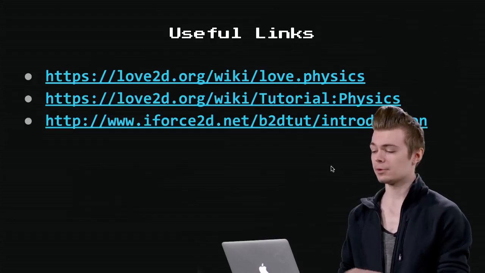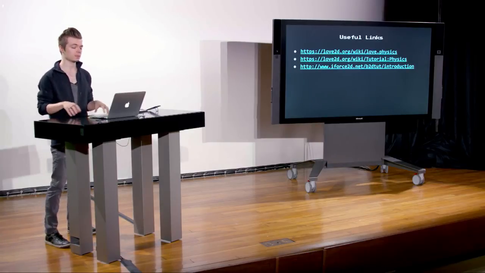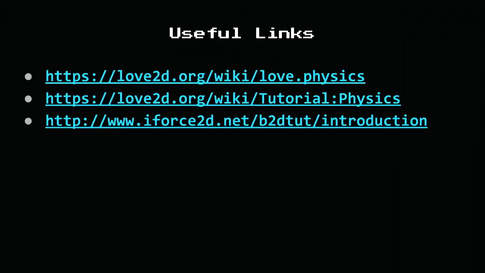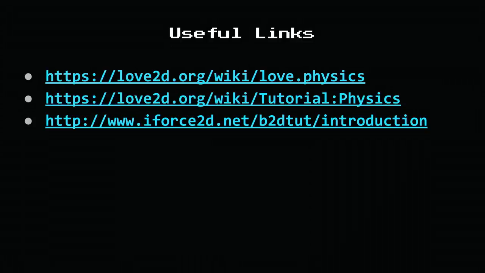So here's a few useful links before we get started in talking about what Box2D is and how to use it, and basically how it's called love.physics in LÖVE2D. The first two links are documentation for LÖVE2D, what the functions and objects are that we'll be talking about, and a simple tutorial that talks about how to make a ball bounce in LÖVE2D using Box2D.